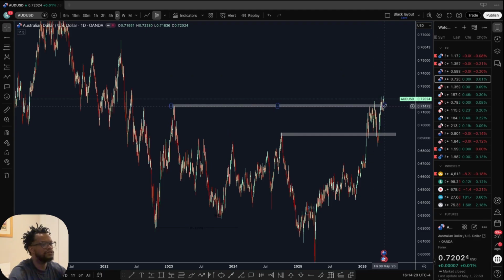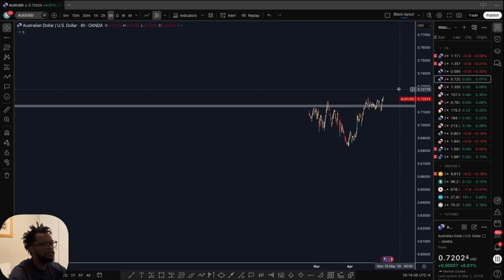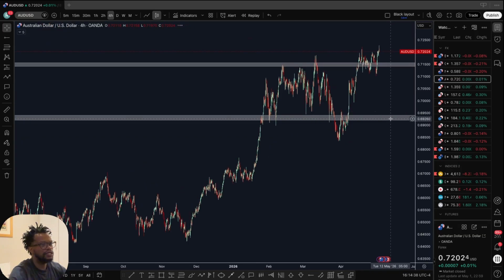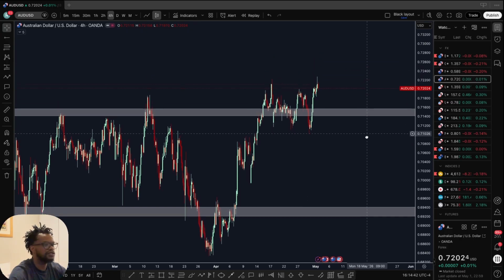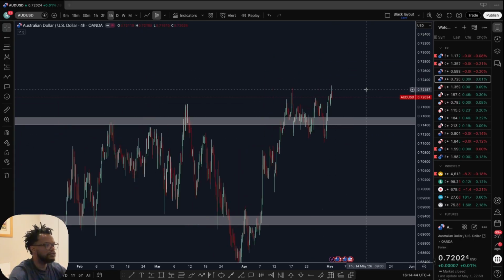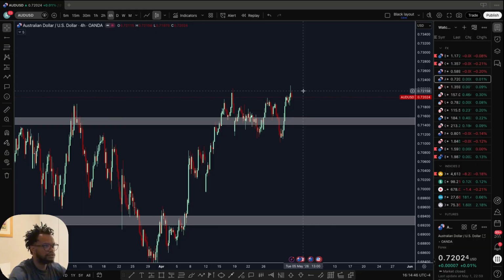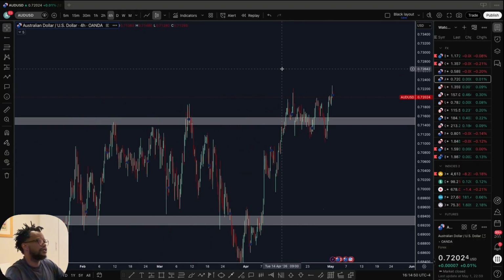We are trading into our major resistance turned support, but it is very, very strong. I do not want to sell this pair. I just want to buy it. So for me, it's in the overbought position.